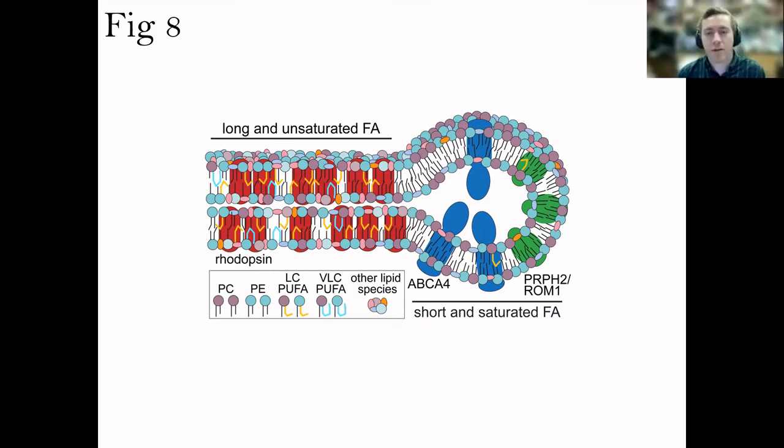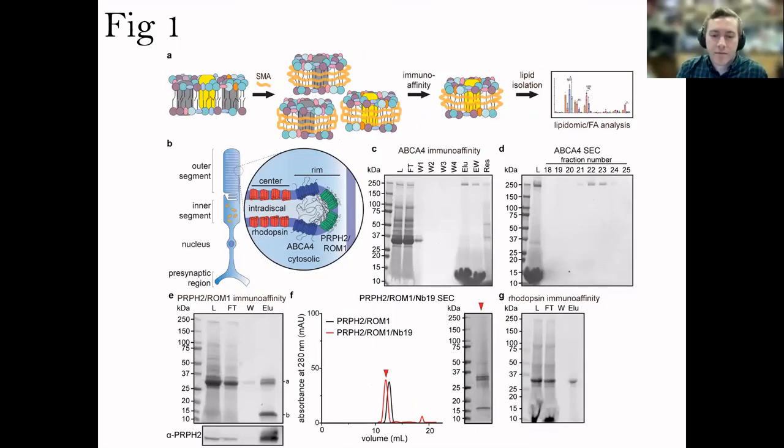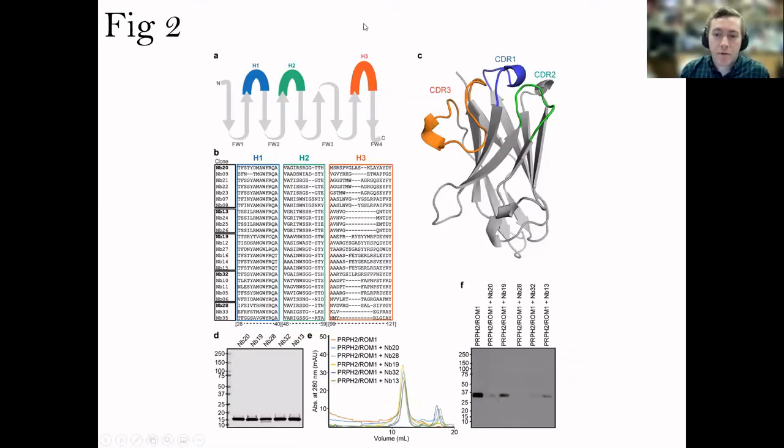Oh, so as far as elution, no. We were lucky enough that in the case of the peripherin ROM complex, this nanobody actually has a his tag on it. So we were able to use a his tag based purification system, a nickel NTA system, for purification of that complex in the SMALP.